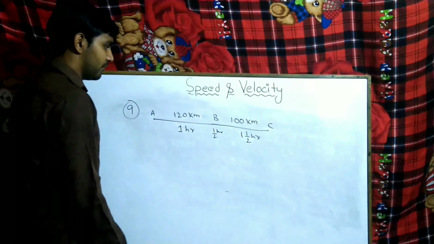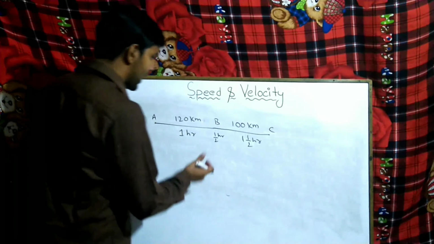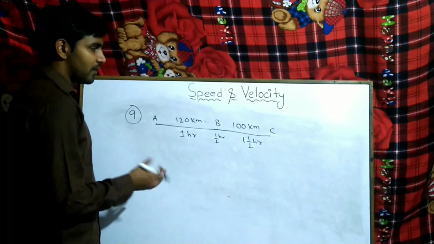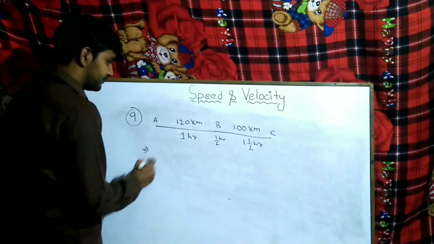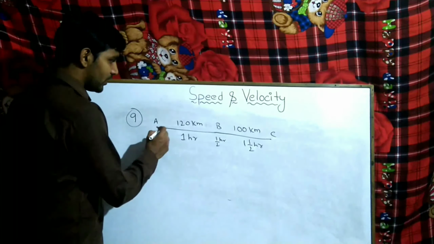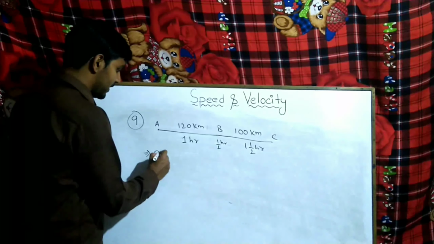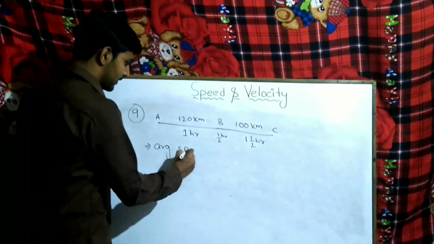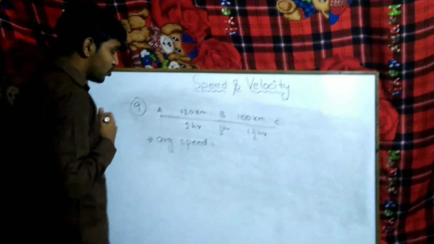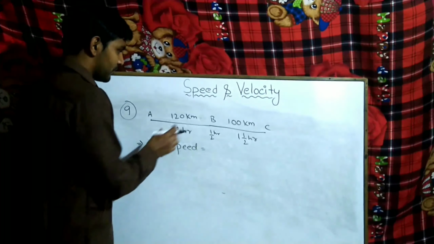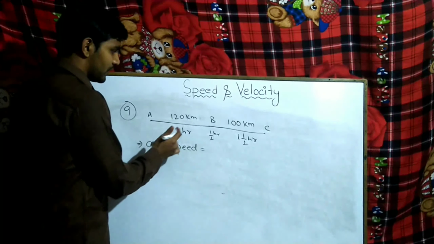Okay, 100 kilometer. Now we have to find the average speed. Now how to find average speed? Average speed is equal to total distance by total time.